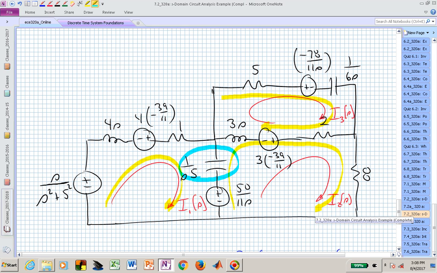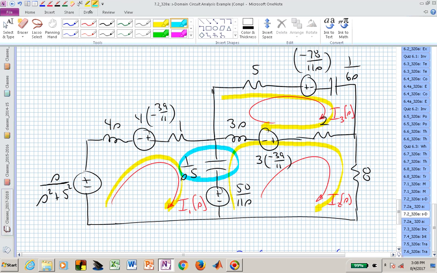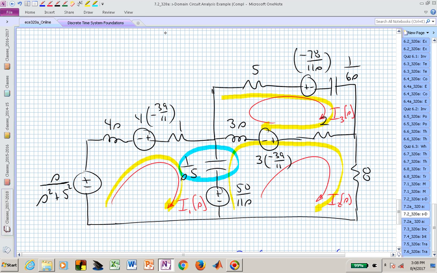Now we want to examine what is actually going to be shared between I sub 2 and I sub 3. Now we have this impedance and that impedance that are shared by I sub 2 and I sub 3. So the sum of 2 plus 3s, or 3s plus 2, we negate that in entries 2, 3, and 3, 2 in our impedance matrix.